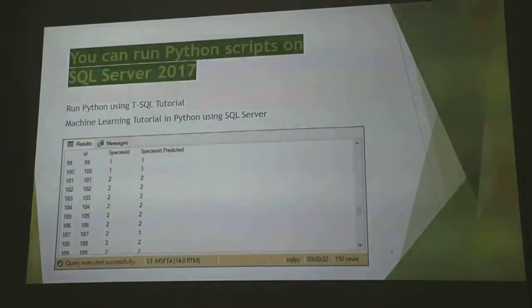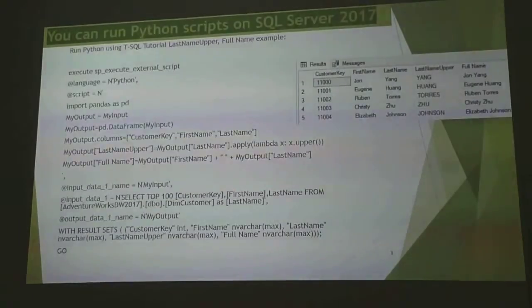On the Microsoft page, there is a tutorial to run Python and also to run machine learning algorithms on SQL Server. So it's very useful if you have lots of data and you don't want to use your own resources, you can use the server's resources.